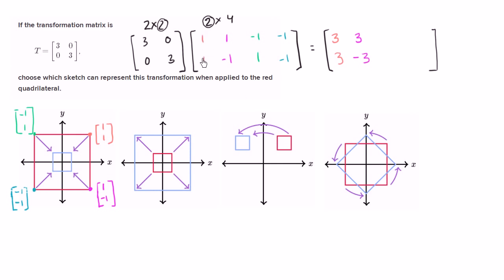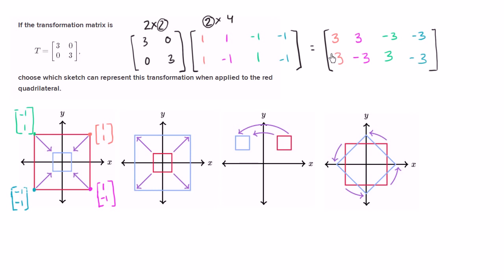So all it's doing is scaling each of these up by a factor of 3. Next, 3 times negative 1 plus 0 times 1 is negative 3, and 0 times negative 1 plus 3 times 1 is 3. And finally, 3 times negative 1 plus 0 times negative 1 is negative 3, and 0 times negative 1 plus 3 times negative 1 is negative 3 again.